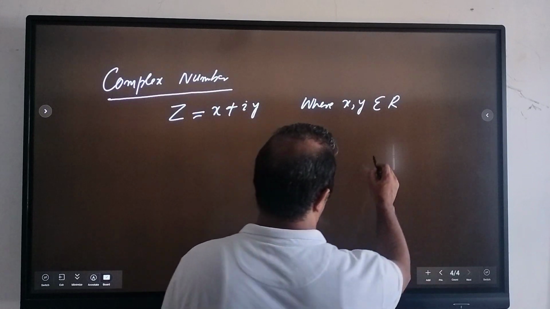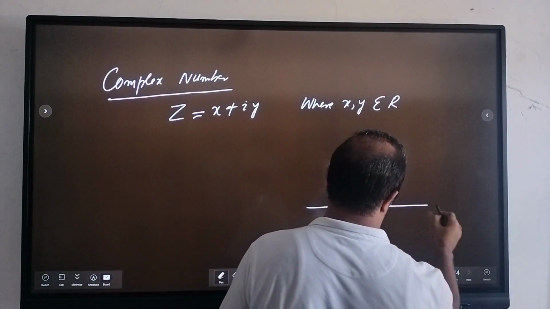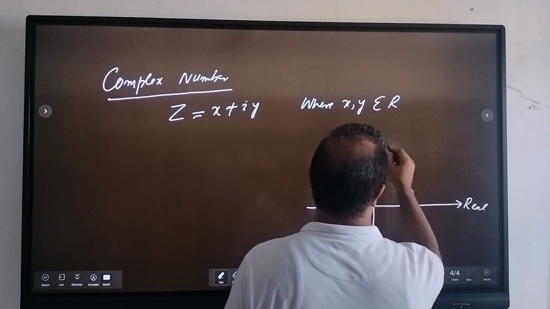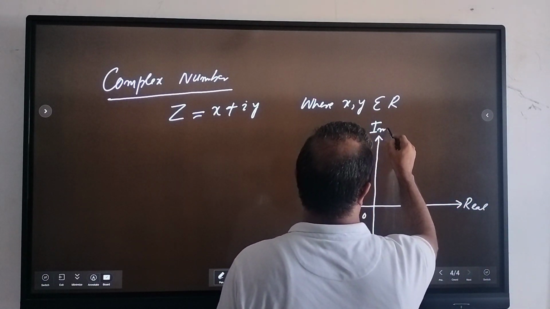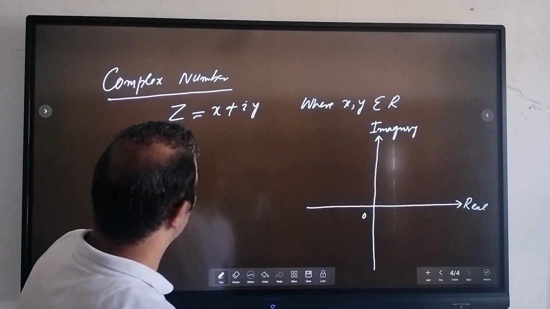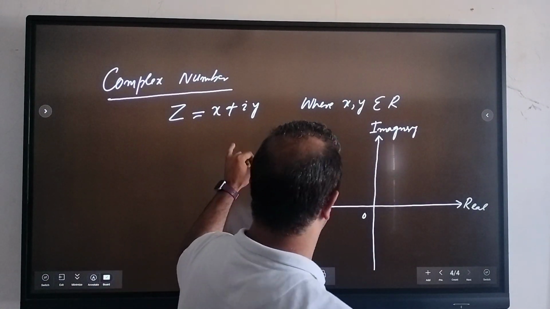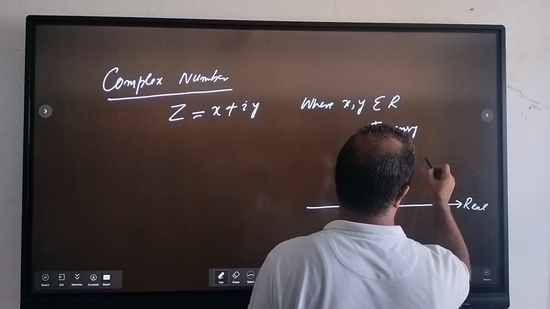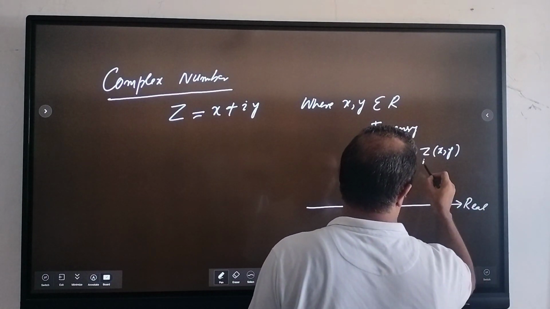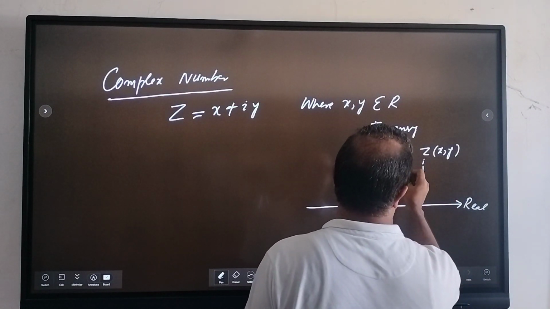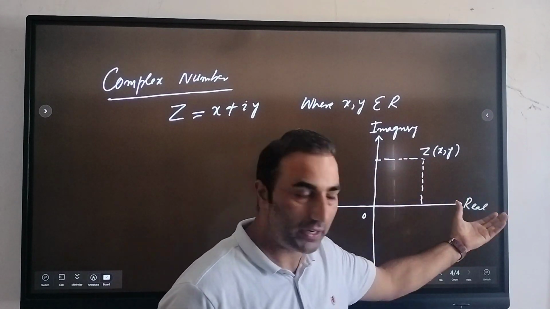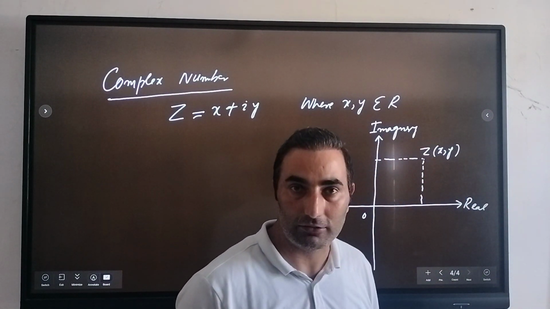So we can see that. If we have this complex plane, this is our real axis, and this is imaginary. If we draw this point, it can be somewhere here in the first quadrant. So this is our z, a complex number that lies in the first quadrant of the complex plane.